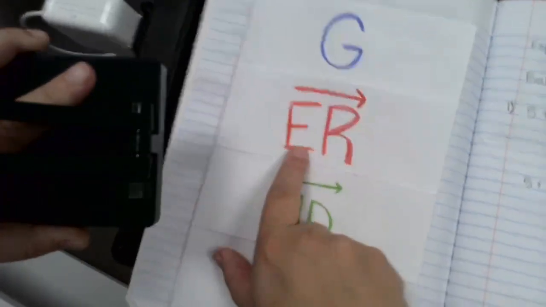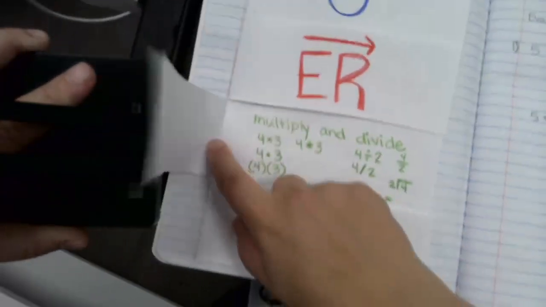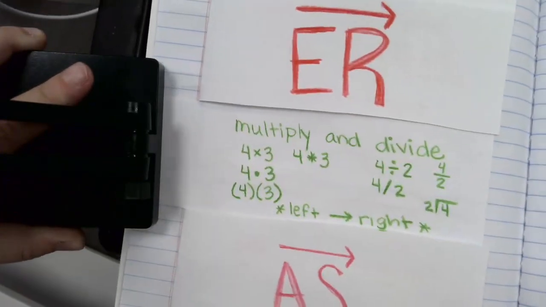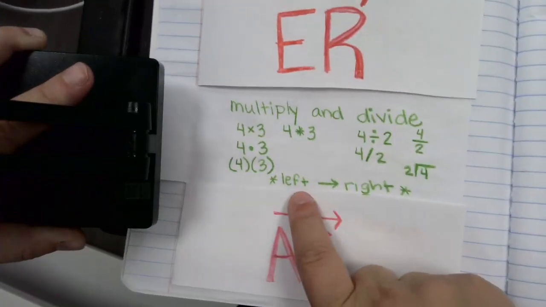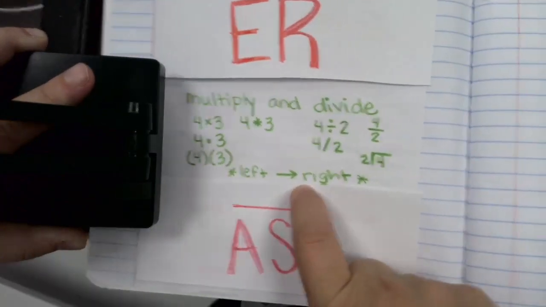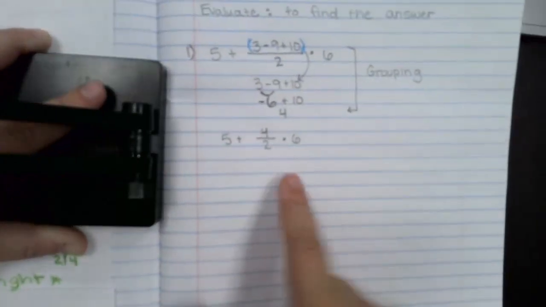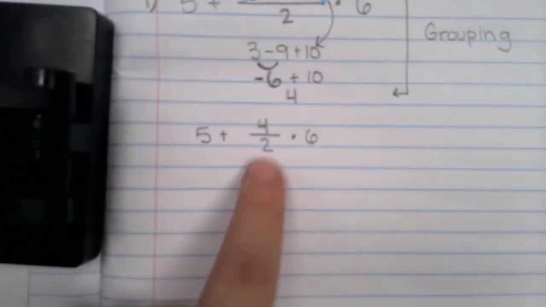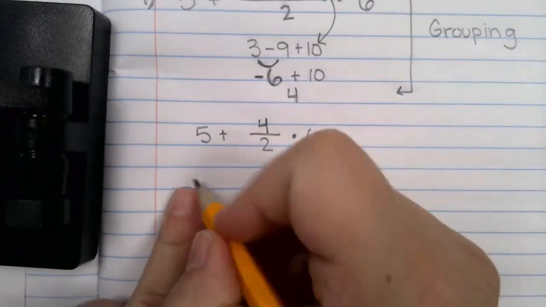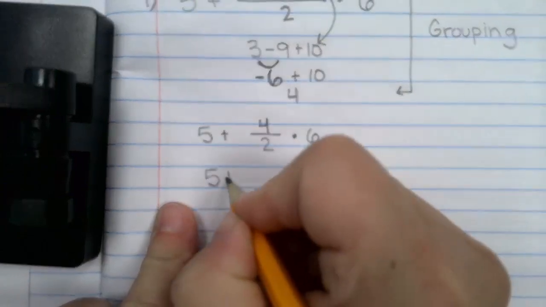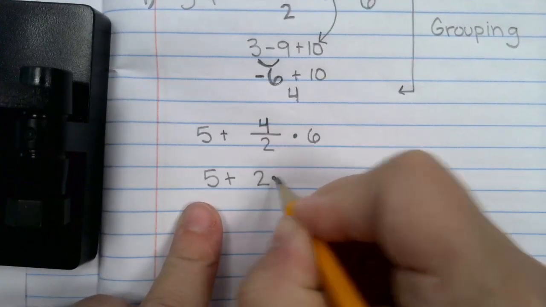Nope. So now I'm going to go to, do I have any M and D? Do I have any multiply and divide? Yes. And I need to work my way left to right. So in this problem, am I going to multiply first or divide? Good. Divide comes first. So what is 4 divided by 2? 2. Good.